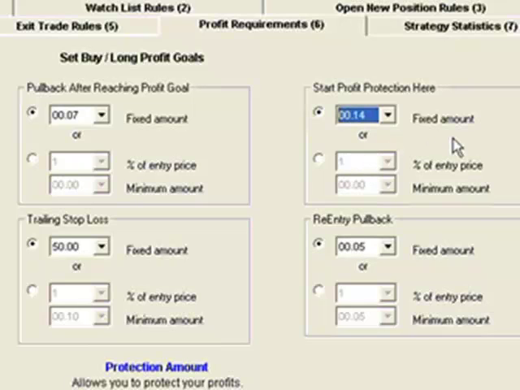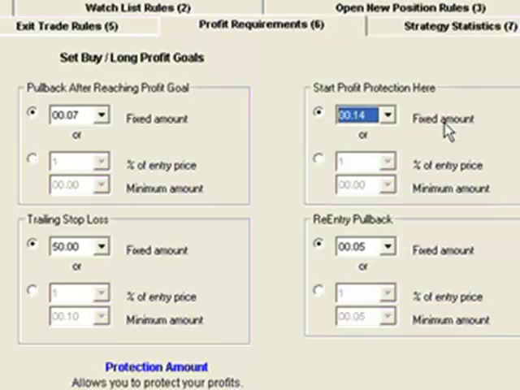Now what this feature will do is look at the stock. Once it reaches 14 cents, even though you haven't made this goal, the automated trader will start looking at the market conditions and the stock price and determine, is the stock pulling back? Is the market pulling back? So it's different than a trailing stop loss.